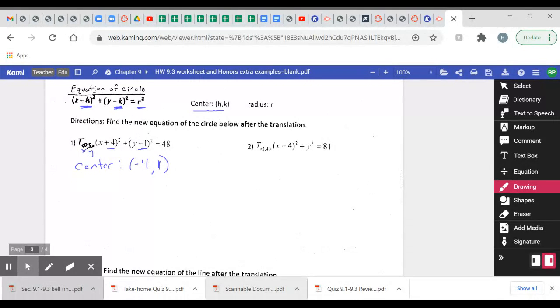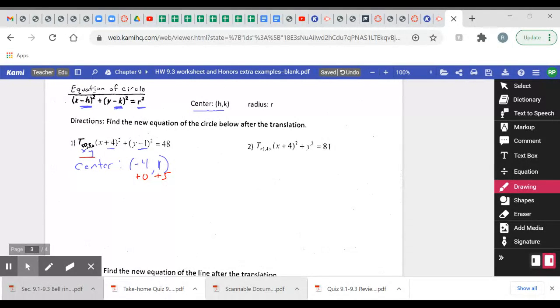Okay, now I just need to do this translation. So we just saw that the translation says (0, 5). And so I want to add 0 to my x value, and because it's positive, and then 5 is positive, so I'm going to say plus 5. Okay, and that's going to give us a shift in the center.